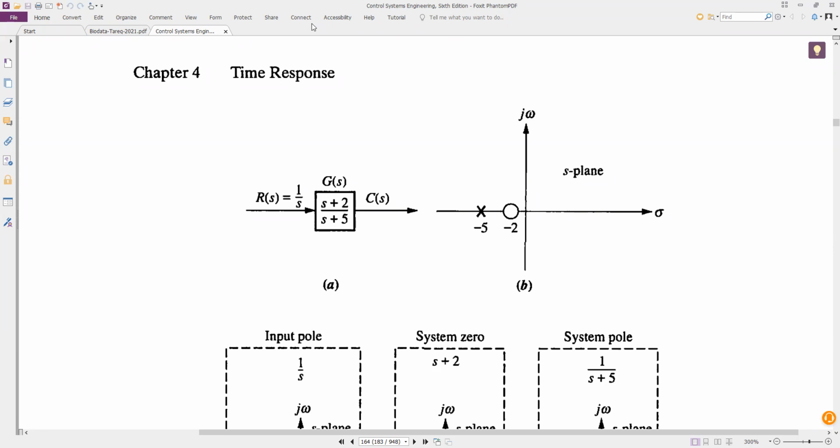Now, we have s plus 2 divided by s plus 5, right?